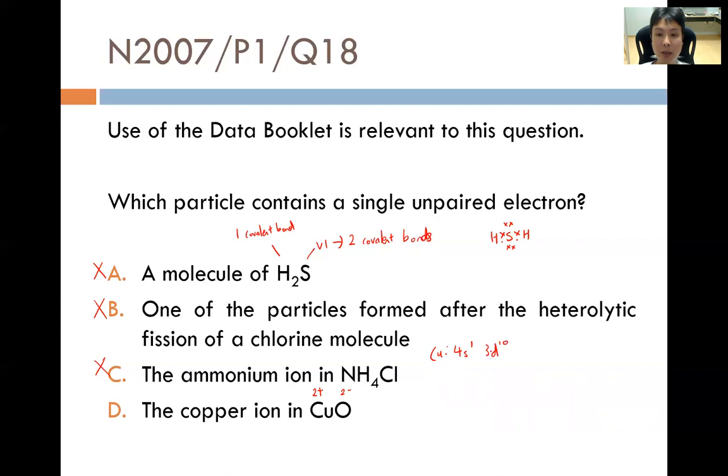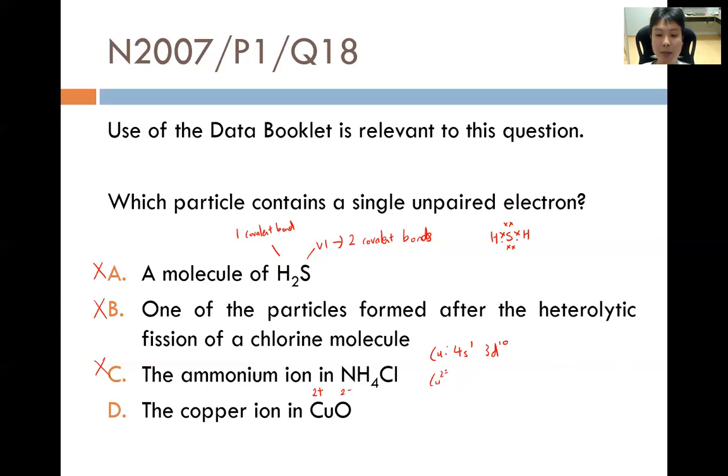Remember, this is an anomaly. By right, it's actually 4s2, 3d9. But if we were to promote one electron from the s orbital to the d orbital, we will obtain a set of fully filled d orbitals and hence achieve greater stability. And hence, the electronic configuration of the copper atom is actually 4s1, 3d10 instead of 4s2, 3d9.